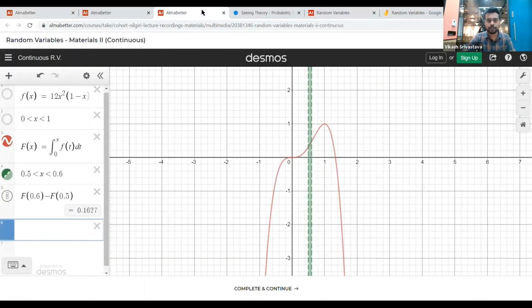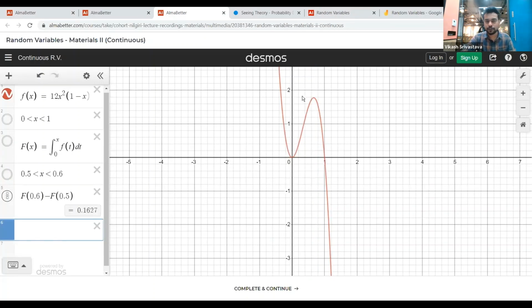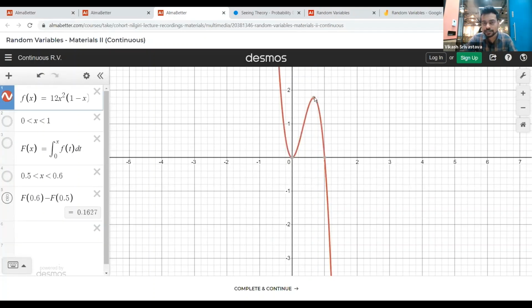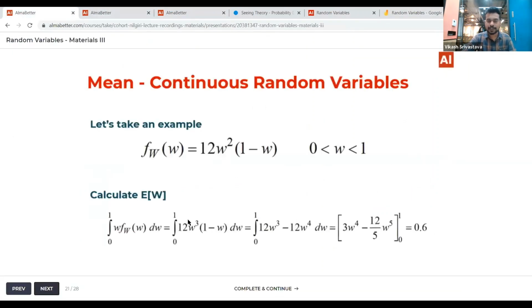So what does this mean? That the expected value of this particular function is 0.6. This is the mean value. If you calculate the expectation of this random variable, it will come out to be 0.6.